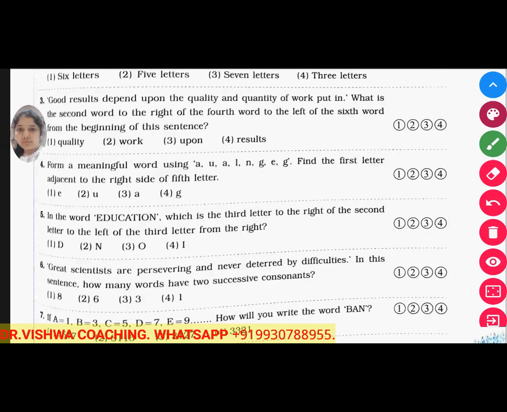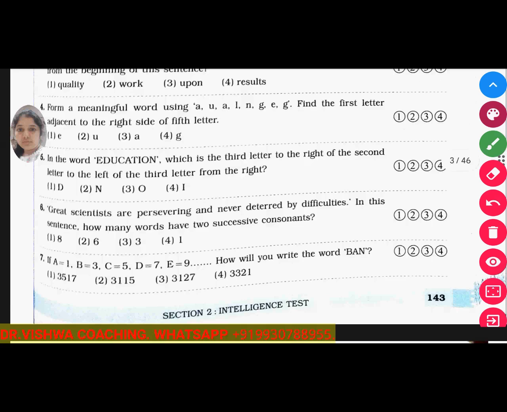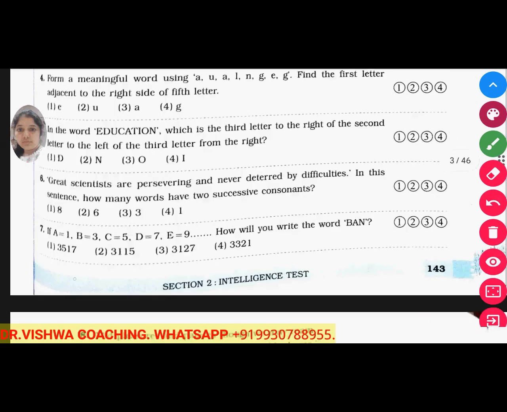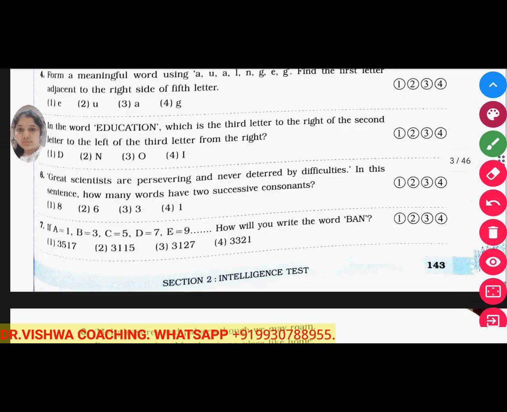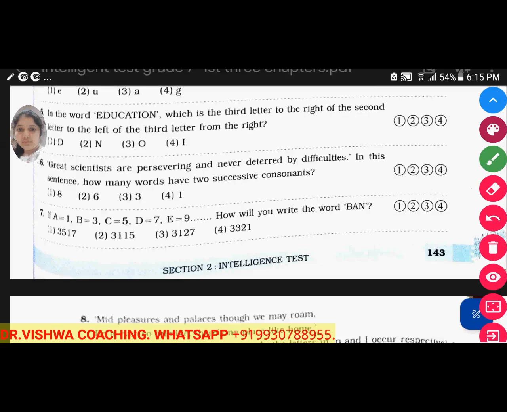Now, great scientists are perseverating and never deterred by difficulties. In this sentence, how many words have two successive consonants? Now you have to find how many words have two successive consonants in that sentence. So how can you find?